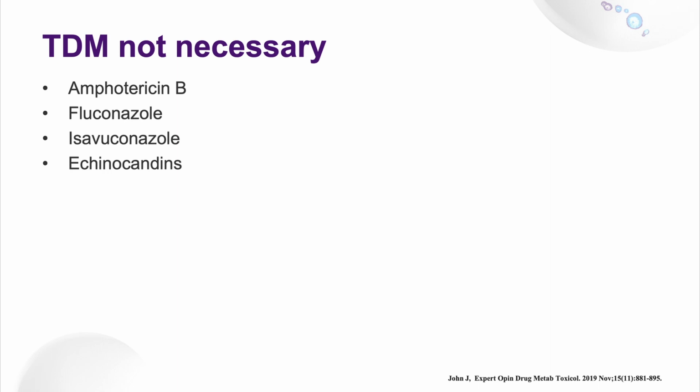In such a situation you may do therapeutic monitoring. Isavuconazole PK is similar to fluconazole and you do not require it. And for echinocandins also, the recommended dose is generally sufficient to treat most Candida infections.